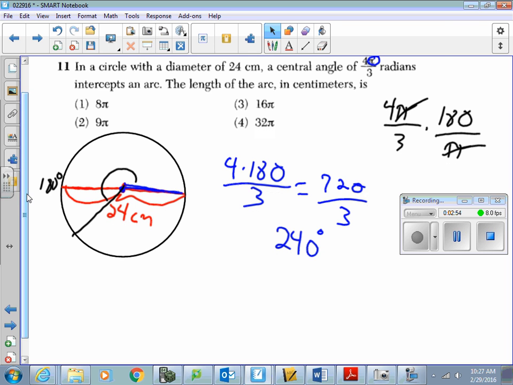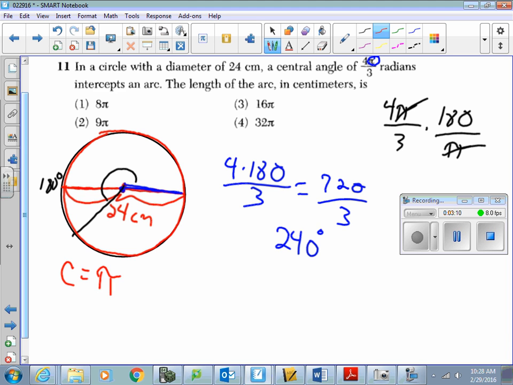Well, what you need to figure out is this entire circle. To find out the length of that, you'd have to find the circumference. Remember, circumference is pi d, or pi times d, or C is equal to 2 pi r. We'll use pi times d because we have the diameter.